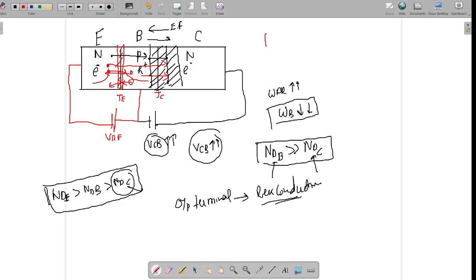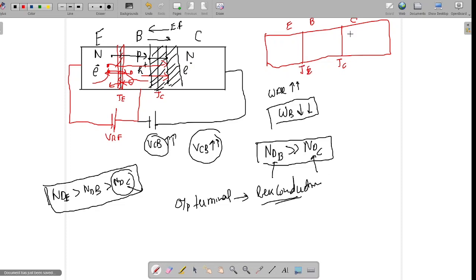The answer to this question is, let us say we have emitter, base and collector. So this is emitter, this is base and this is collector. Now to answer this question, what we generally do is, in the collector region, this is the collector junction, this is the emitter junction. In the collector region, nearby this collector junction, we make the doping N minus.